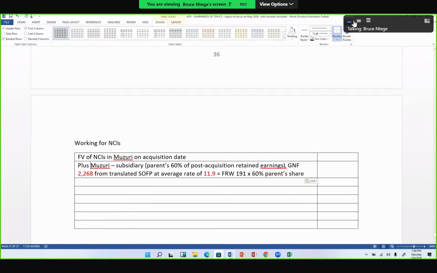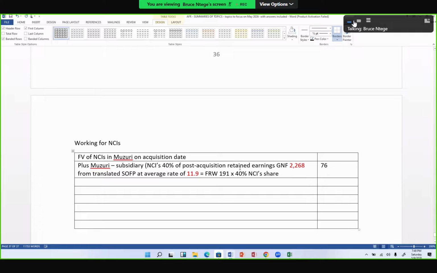So that 2268 translated at 11.9 gives 191, but now at 40% because this is the non-controlling interest share. That's how we share out that post-acquisition reserves. So 191 times 40% gives me something like 76. So I have 76 here.